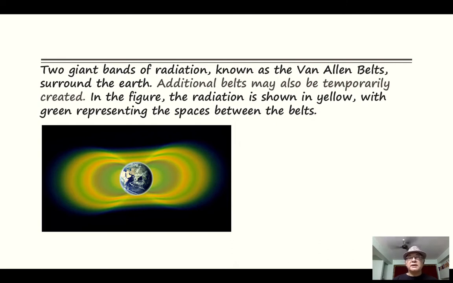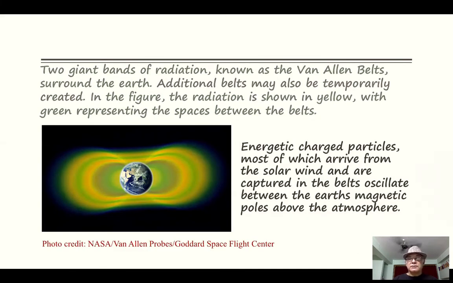What happens in Van Allen belts? Energetic charged particles, most of which arrive from the solar wind and are captured in the belts, oscillate between the Earth's magnetic poles above the atmosphere. The photo credit is for NASA, Van Allen probes, Goddard Space Flight Center.